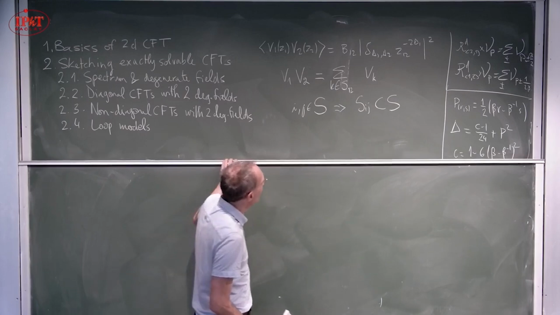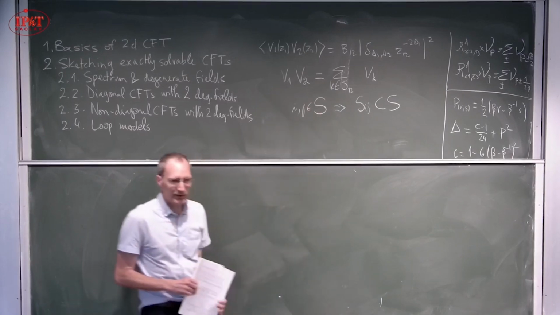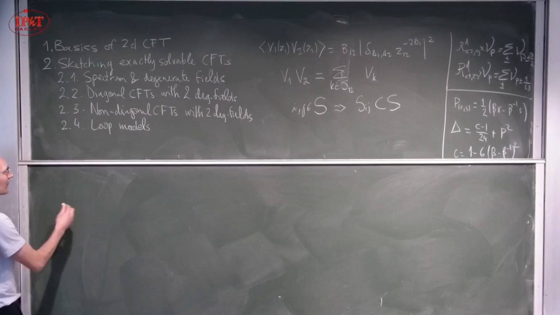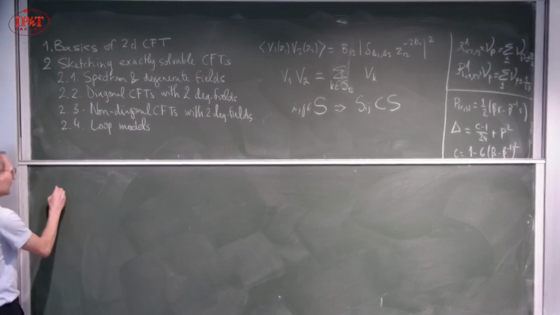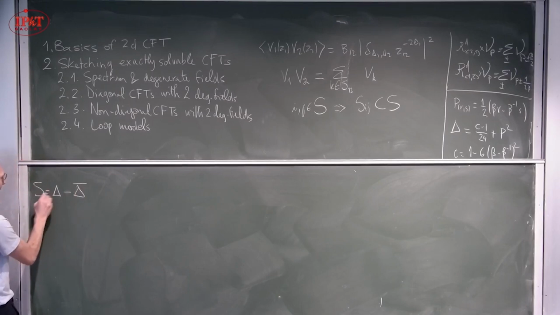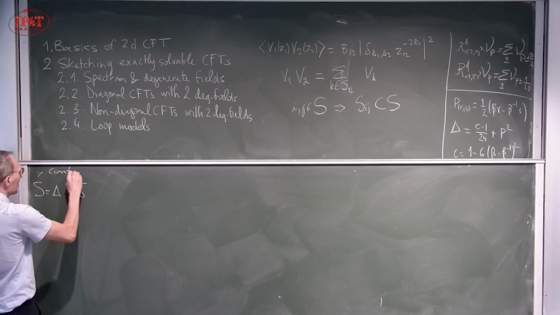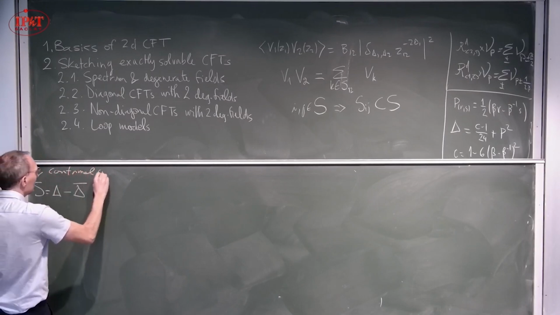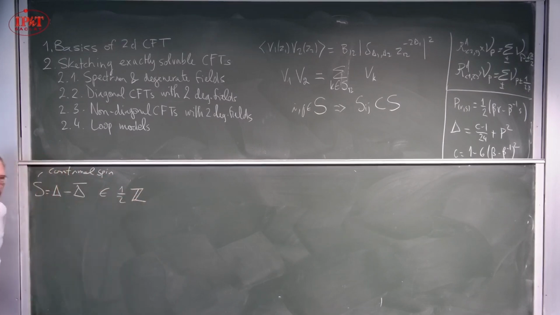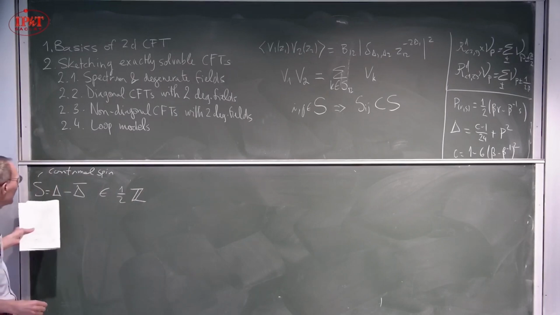Based in particular on this two-point function, if we want it to be single-valued, we have a constraint on the dimensions. The left and the right dimensions, their difference, which is called the conformal spin, has to be half integral. So when I'm building a field, I have to satisfy this condition.